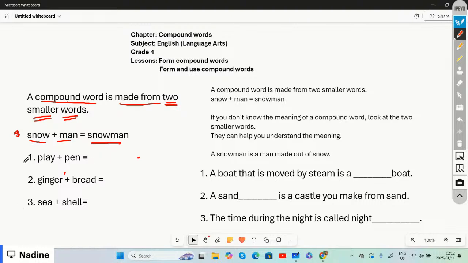If we look at these three activities over here, we're going to find the shortened form of those two words, if we were to put them together. It's play plus pen. What is the word that we're looking for?